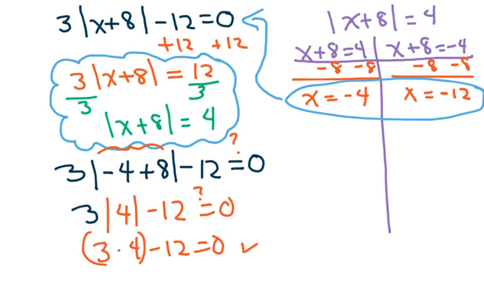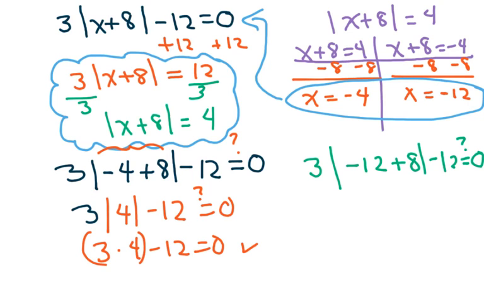Now let's try negative 12. And let's see, I'll use green. So we're going to have 3 times the absolute value of negative 12 plus 8 minus 12. Does that equal 0? So that's 3 times absolute value of negative 4 minus 12.